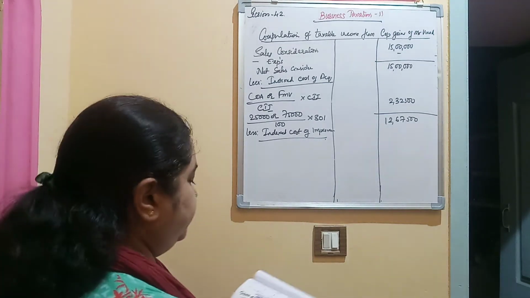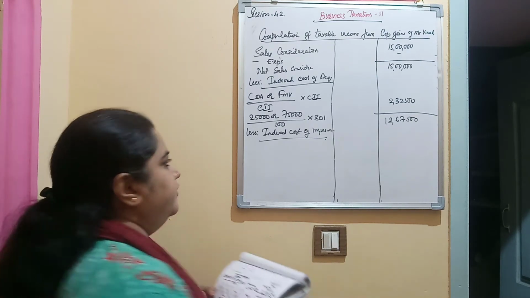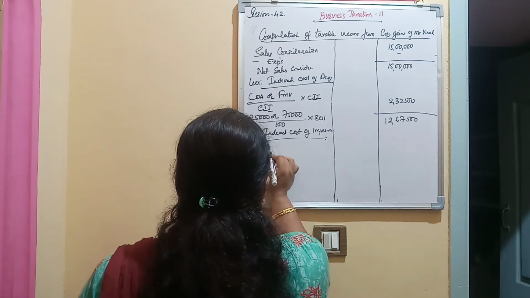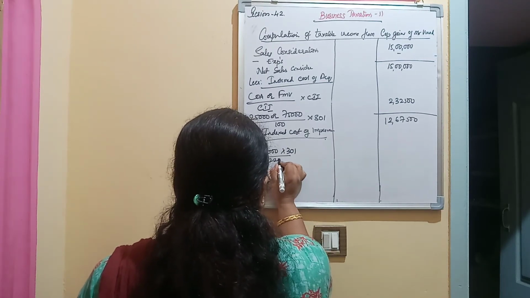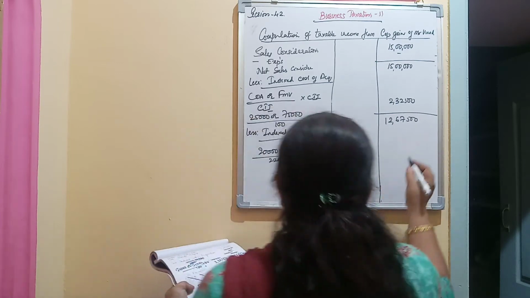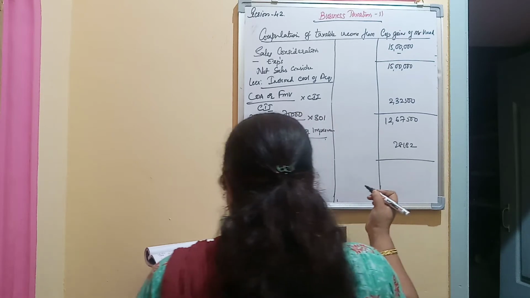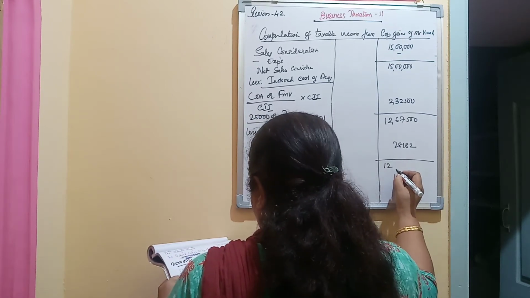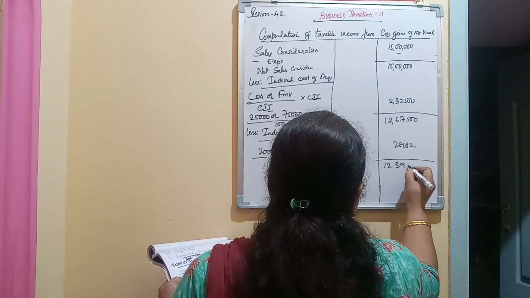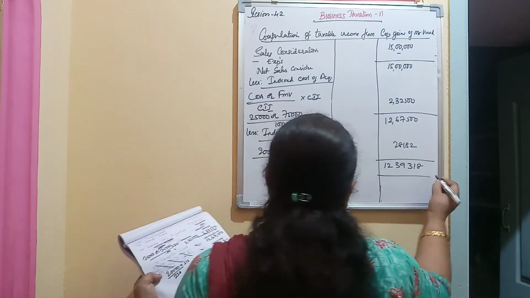During that year the cost of inflation index is 220. We take that 20,000 into 301 divided by 220, and it comes to 28,182. After deducting that, you are arriving at 12 lakh 39,318. So this is your taxable capital gain.